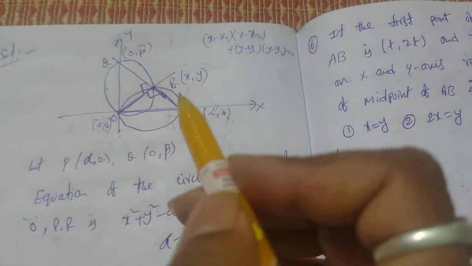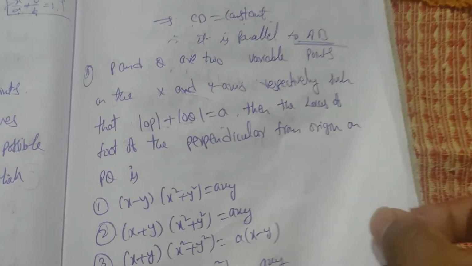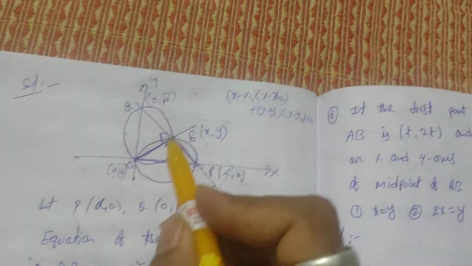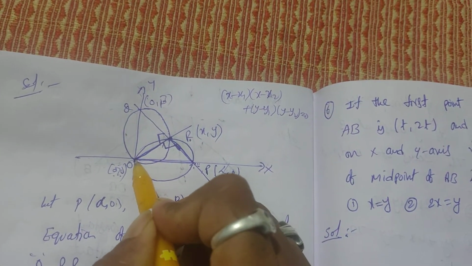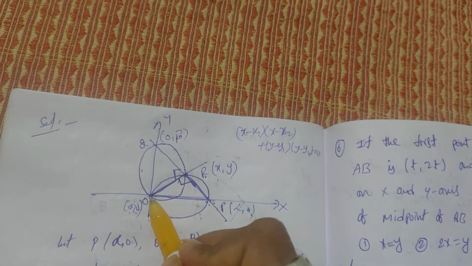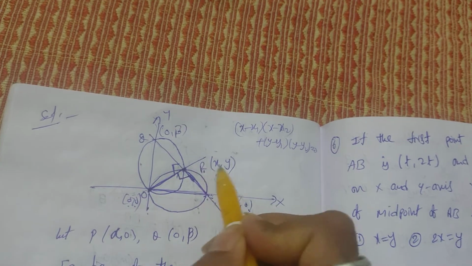Next, he is asking to find the locus of the foot of the perpendicular from origin on PQ. That means the foot of the perpendicular from origin to PQ. Join P and Q, we get a line segment. Take the foot of the perpendicular from origin to PQ, that is some point R(x, y).